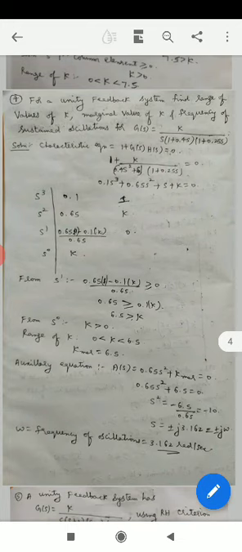So the first thing asked in the problem is to find the range of k. For finding the range of k for the system to be stable, you have to make sure that all the elements in the first column are of the same sign, that is, all the elements should be positive here. So from the s power 1 row, the first element, 0.65 into 1 minus 0.1 into k divided by 0.65, should be greater than 0. 0.65 into 0 is 0.